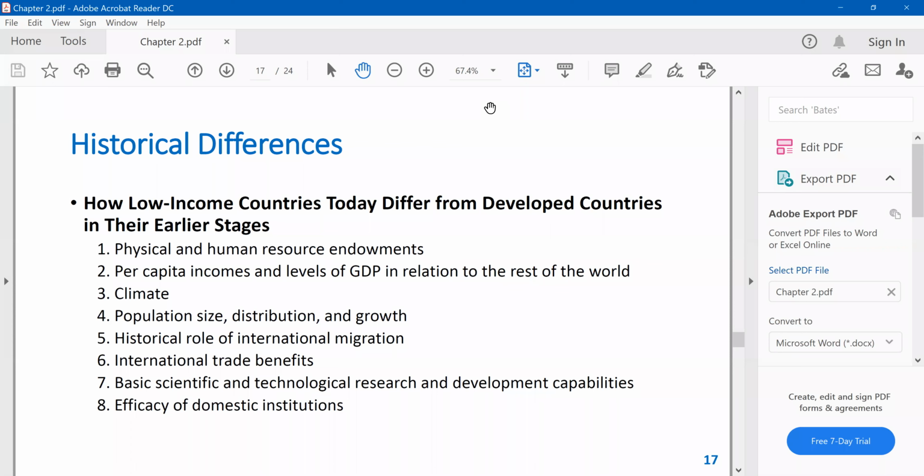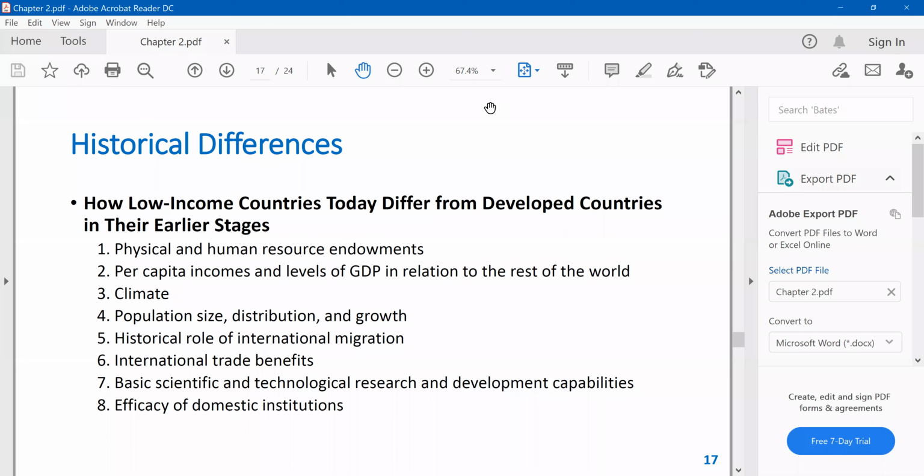Some of these low-income countries today already experienced, for instance, colonial regimes, some sort of modernization or political independence. So these create differences if you compare today's low-income economy and, for instance, England two centuries ago or three centuries ago.